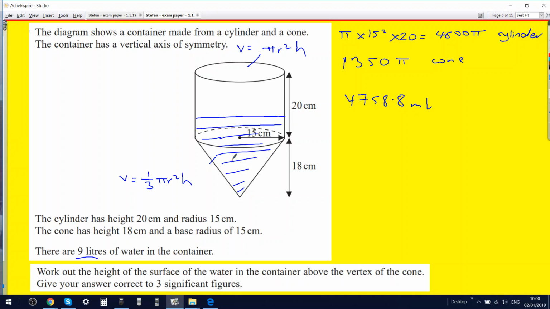So there's 4758.8 left over. So then do I need to do 4,800 pi minus 4758.8 or No, you need to use some equation with the cylinder that has volume and height. This pi stuff is volume, and we want the height.